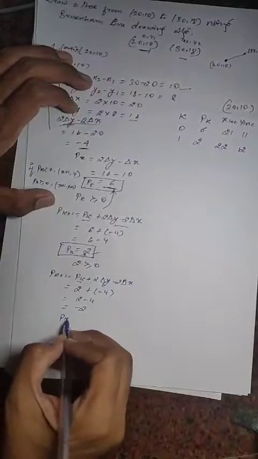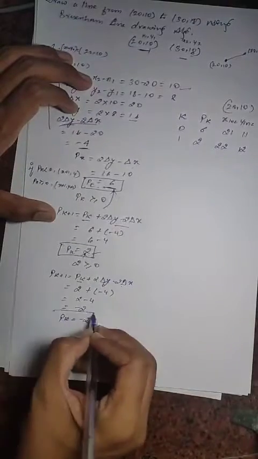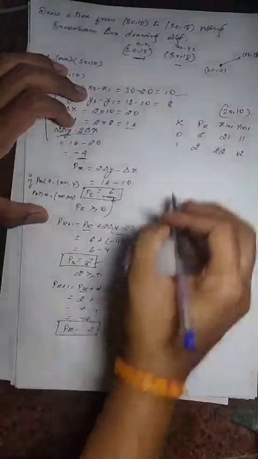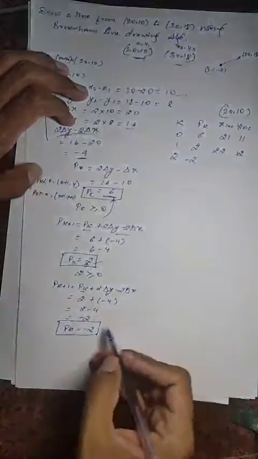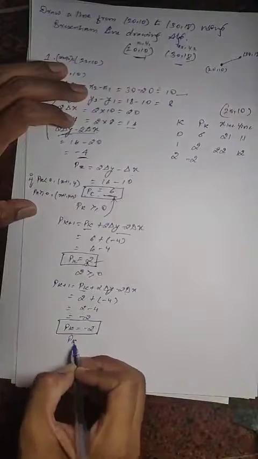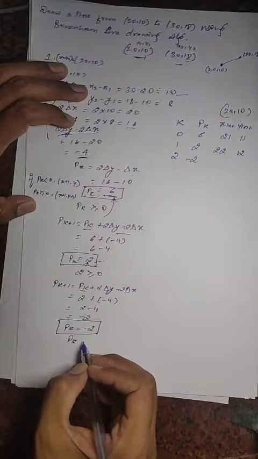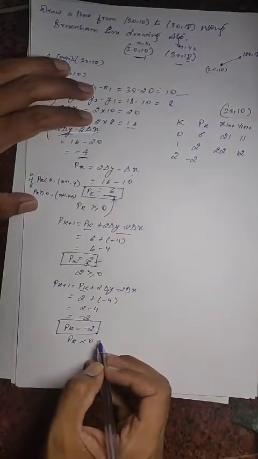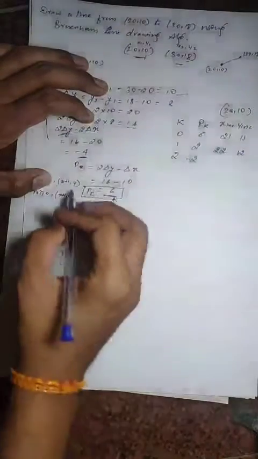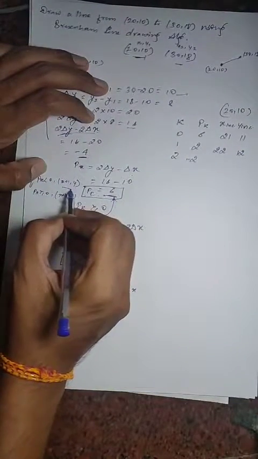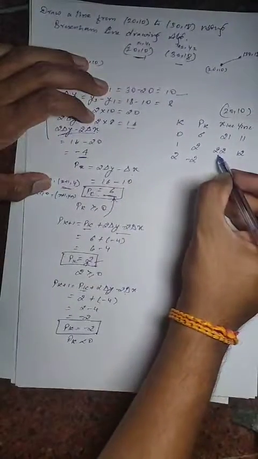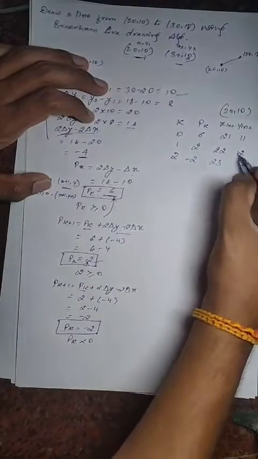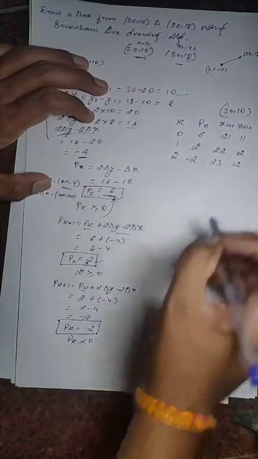What is the value of Pk here? Minus 2. Now Pk is minus 2. If Pk is less than 0, then what are we going to do? We are going to increment x by 1 and keep y as it is. So 22 will become 23 and we keep the y value as it is.